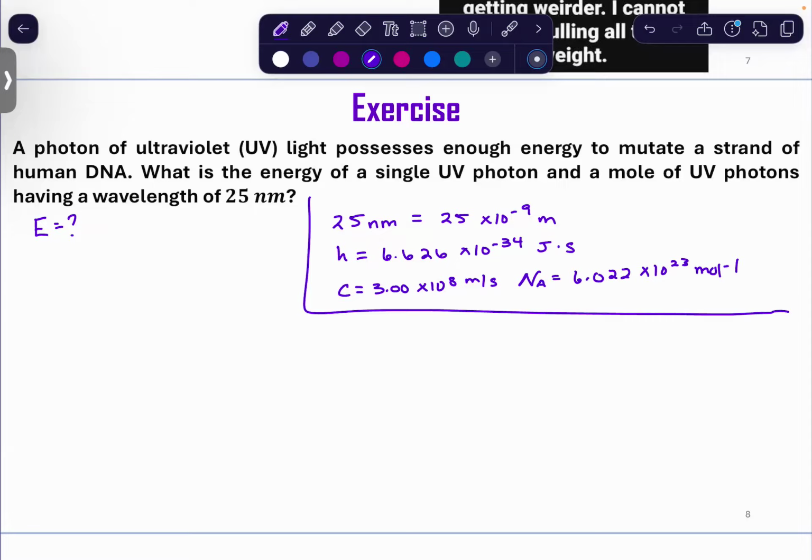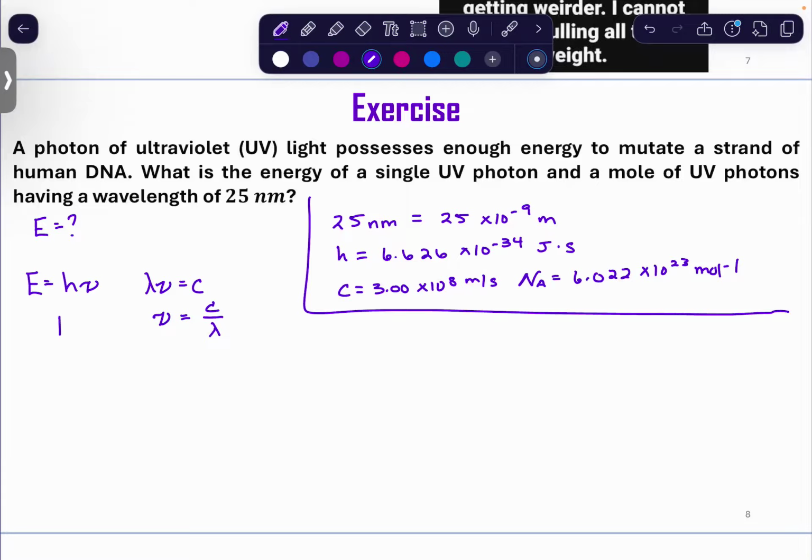So a couple of things we're going to need. Well, we have Planck's law, Planck's equation, E equals h nu, but we don't actually have a frequency. We have a wavelength. So we remember that lambda times nu equals c. So our frequency is actually going to equal c divided by lambda.